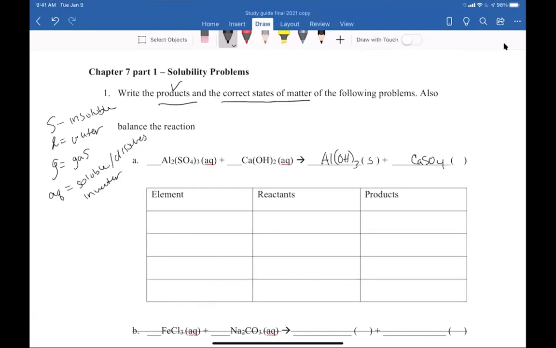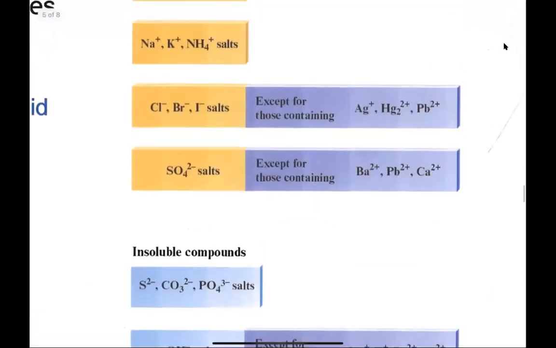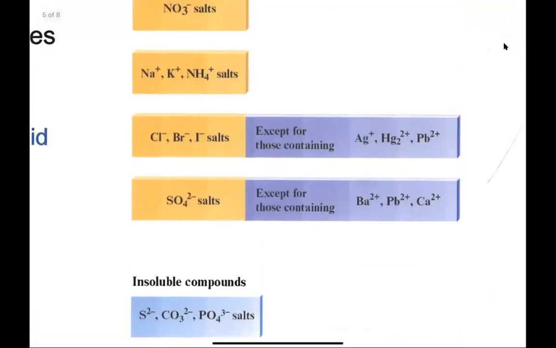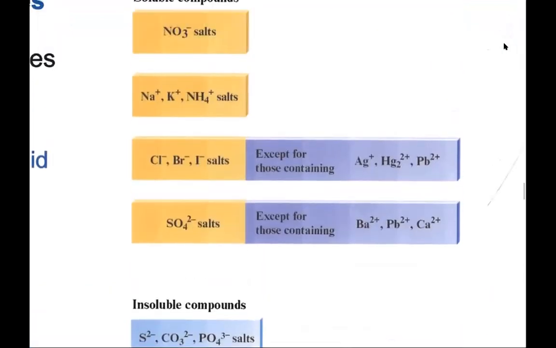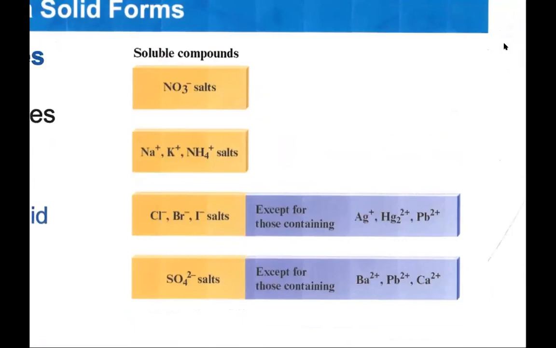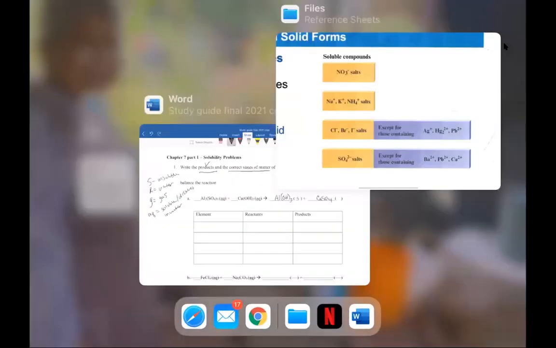CaSO4. So we go back to this sheet. SO4 is considered soluble. As the title at the top says, it is soluble, except when it contains Ba, Pb, or Ca, then it becomes insoluble.